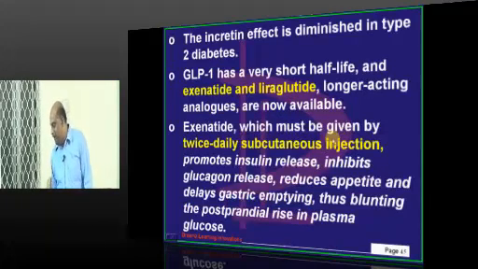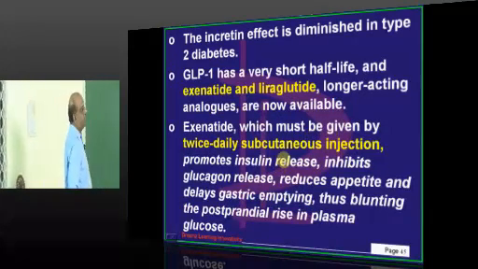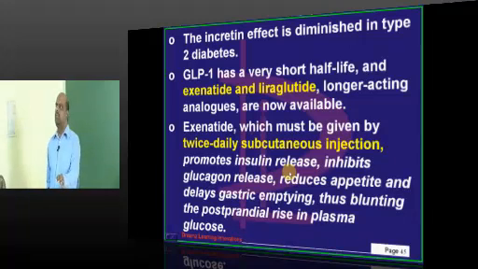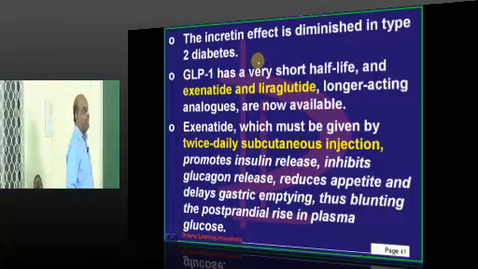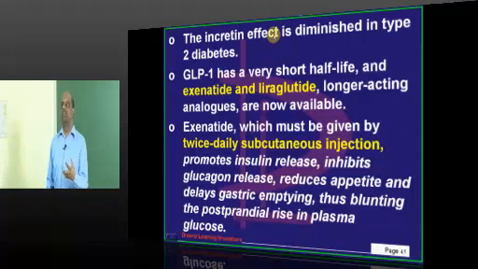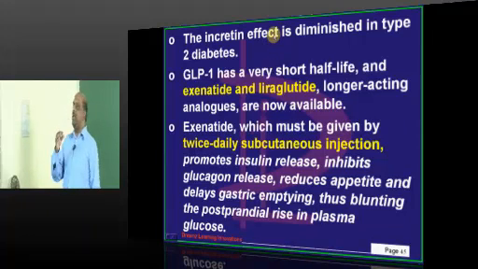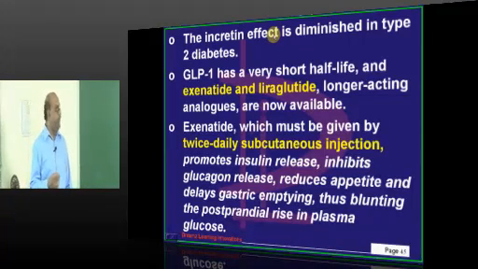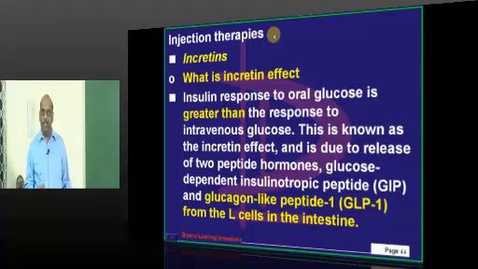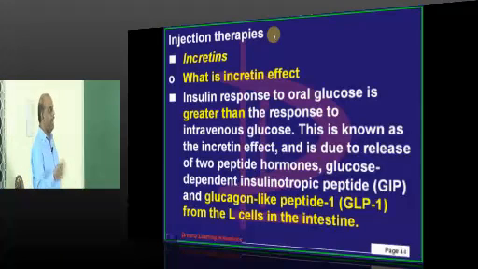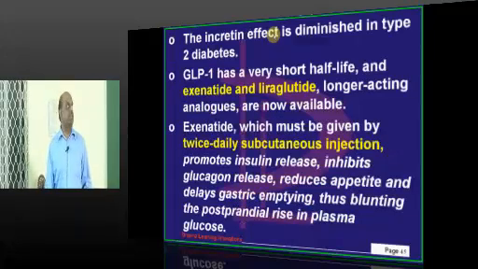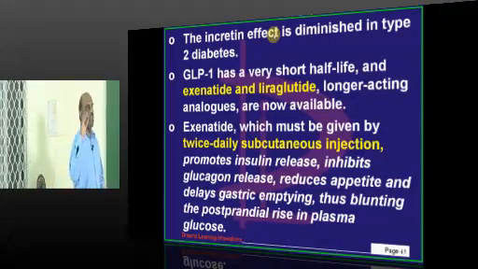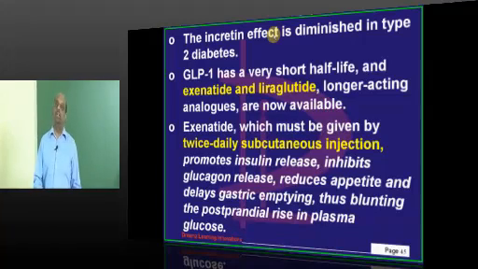Now, if you take type 2 diabetes, what is the problem in him? This incretin effect: whenever we eat a nice jalebi or laddu, we expect that laddu to stimulate the GLP-1 and GIP and cause more amount of insulin production. So, that incretin effect is diminished in those who have type 2 diabetes.